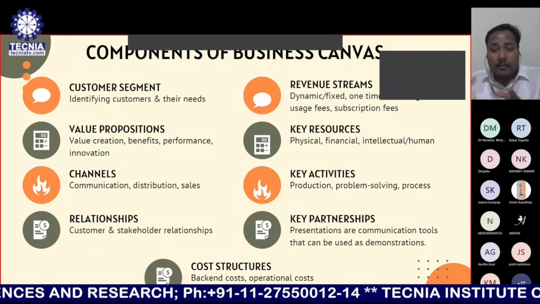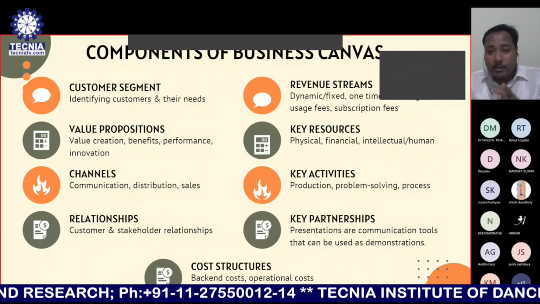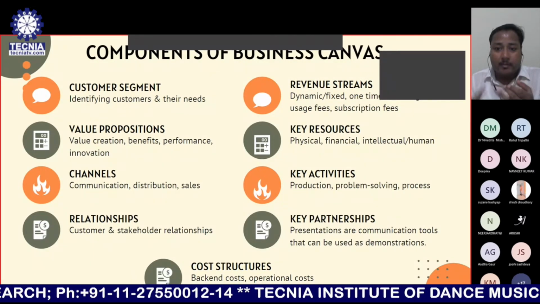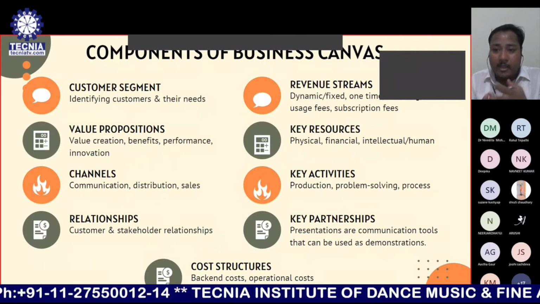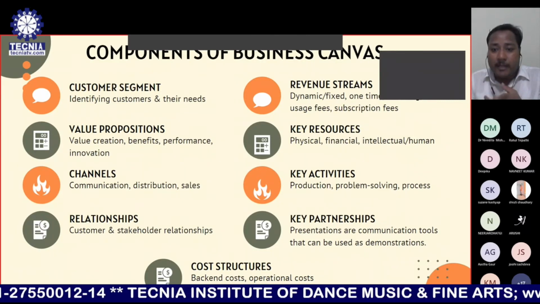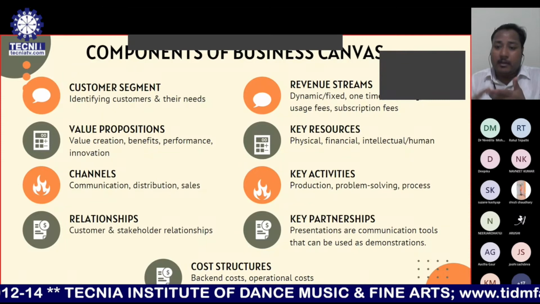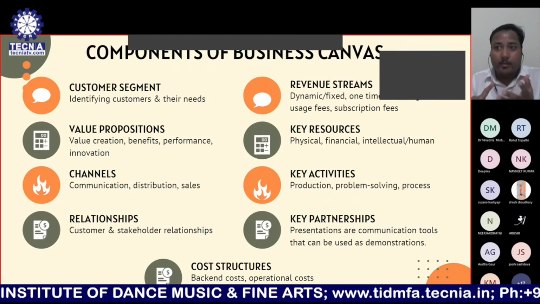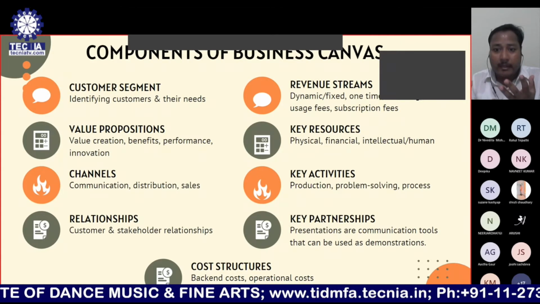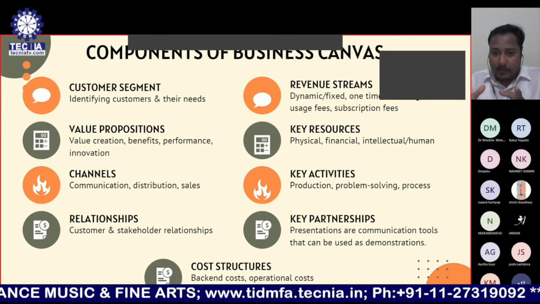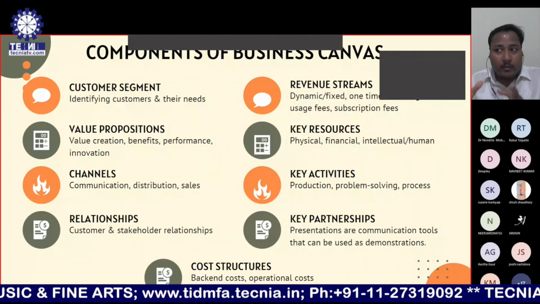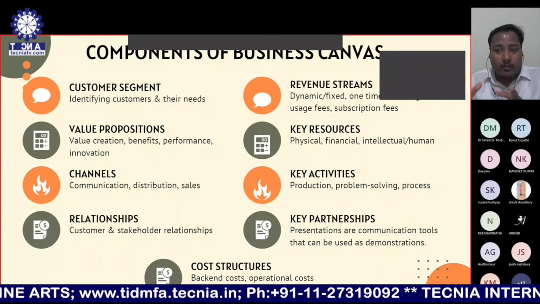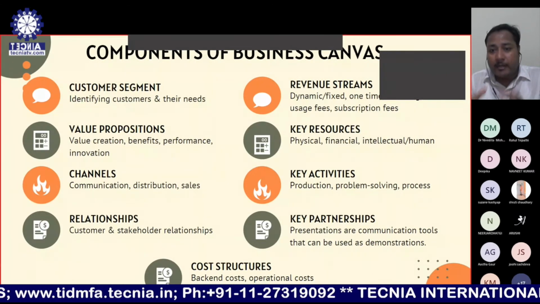What are the key resources for your business? It may be offices, it may be finance, it may be HR. What are the key activities you are doing? Either you are into production or trading or designing or process designing or consulting, whatever you are doing in your business, where your core profit and core revenue come from, that is your key activities.